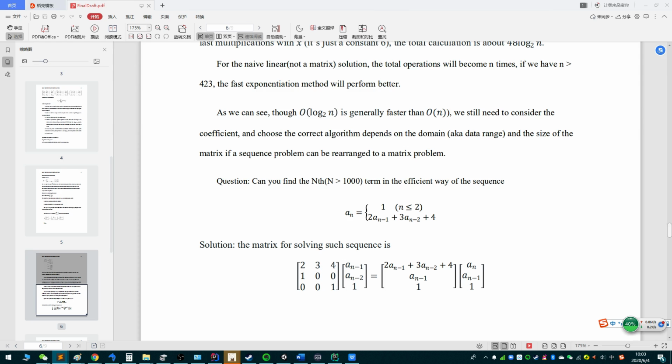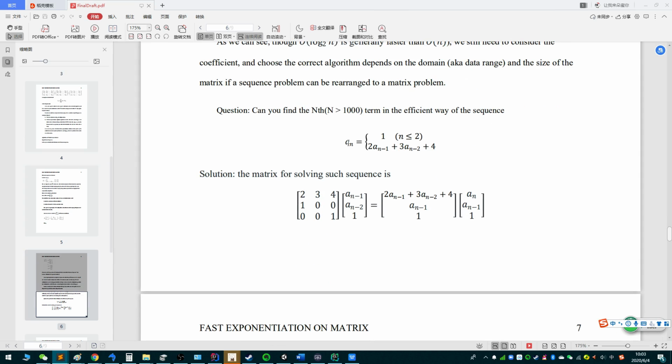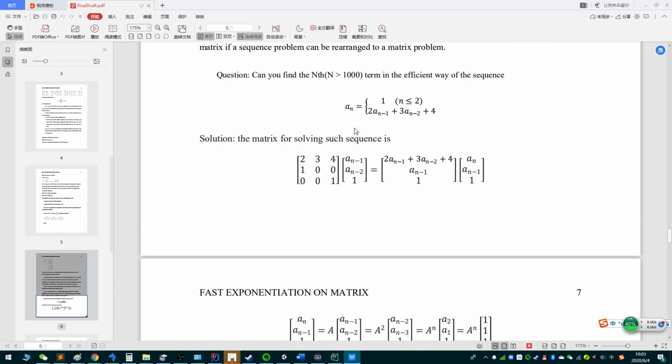Okay, so let's say we have a sequence an equals to this, and we can define. I don't know if I have enough time. I would just put it here, and I would just try to explain this example and finish the presentation.